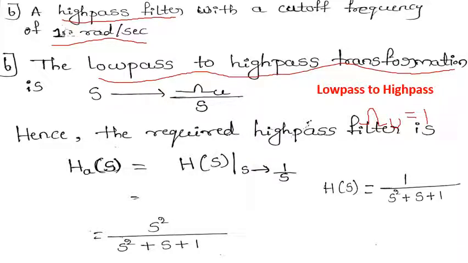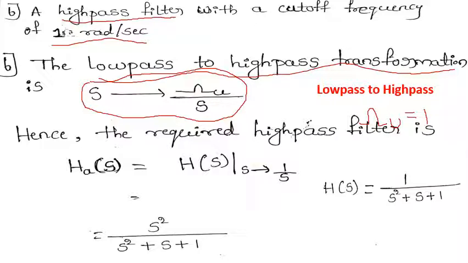The low pass to high pass frequency transformation states that wherever there is s in the transfer function of a low pass filter, that has to be replaced by omega u divided by s to get the transfer function of a high pass filter.